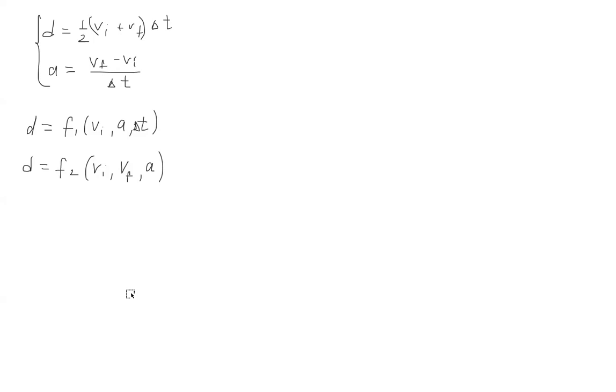So for the first one, we don't want to see v final, which means we need to eliminate v final from the acceleration formula. So I can write that like this. I know in math classes you write multiply both sides by delta t, and so on. I'm just going to write it like this: v final equals v initial plus a delta t.